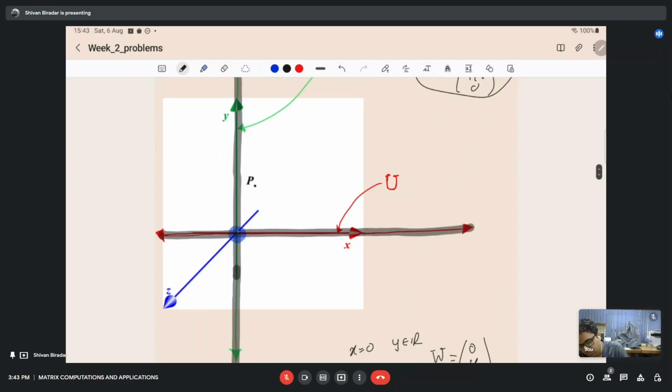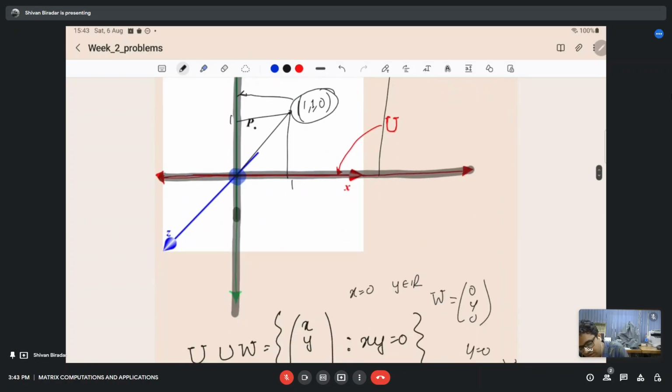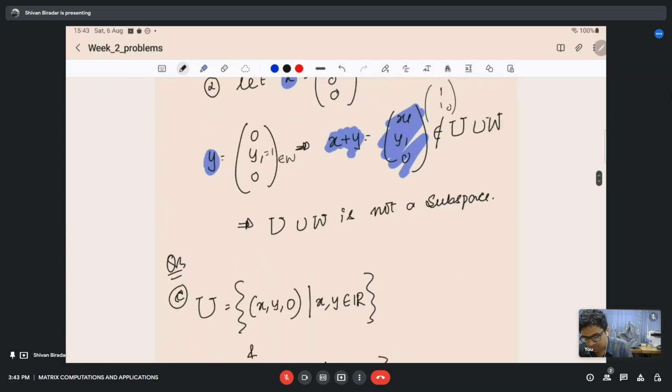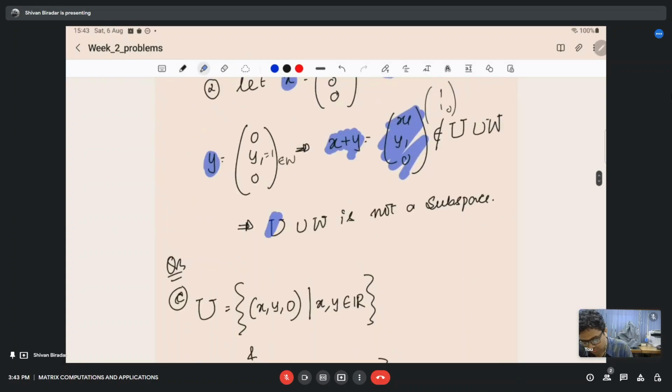So 1, 1, 0 would be somewhere inside here. And remember that this 1, 1, 0 does not belong to the subspace W, and also it does not belong to the subspace U. So the union of these two subspaces is not a subspace.